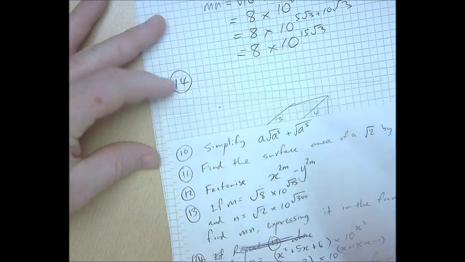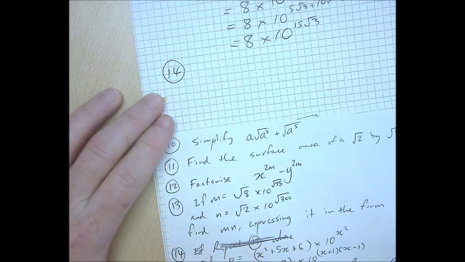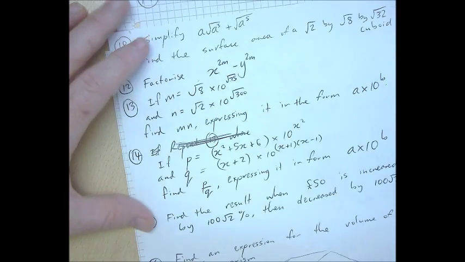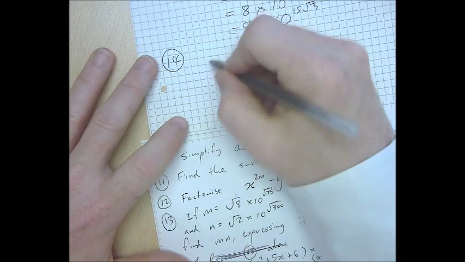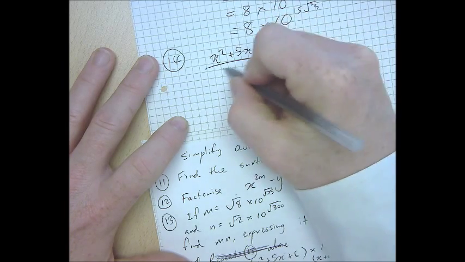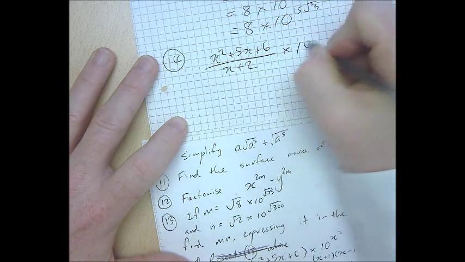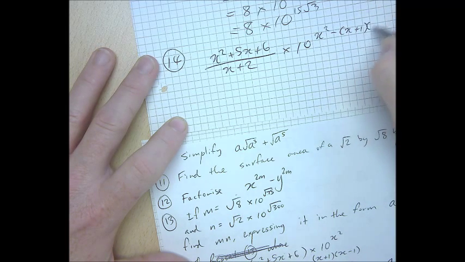So question 14. Okay, same thing again, but this time we have to divide. So I'm going to go this divided by this, and then I'm going to subtract those powers. So x squared plus 5x plus 6 over x plus 2, times 10 to the power of x squared minus x plus 1, minus x minus 1.